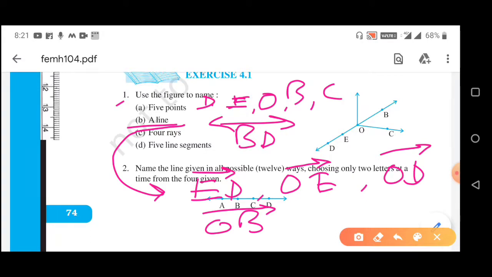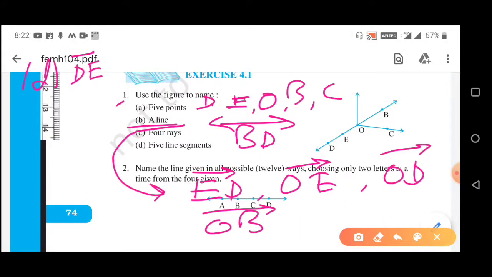Now the next one is 5 line segments. So 5 line segments we can write as DE, one line segment.